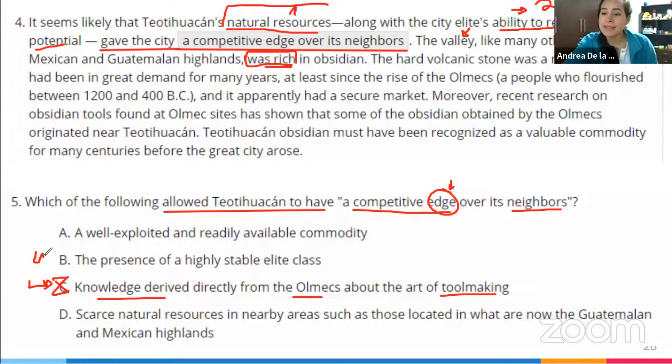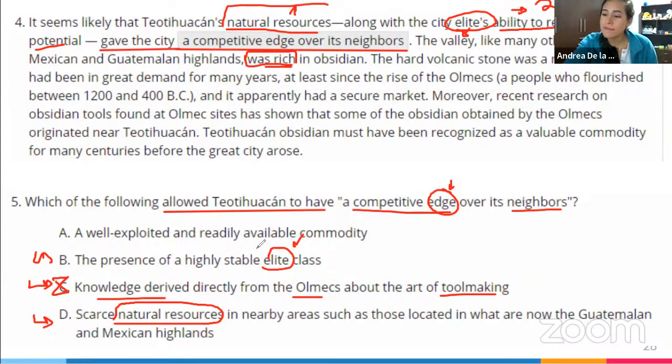Now, option B says the presence of a highly stable elite class. Option B is similar to option D. Why? Because it contains a word or a phrase of interest, right? It contains the word elite. And we know that our answer contains the same word. But let's check that it makes sense, that it answers the question, and that it's true information. It says the presence of a highly stable elite class.